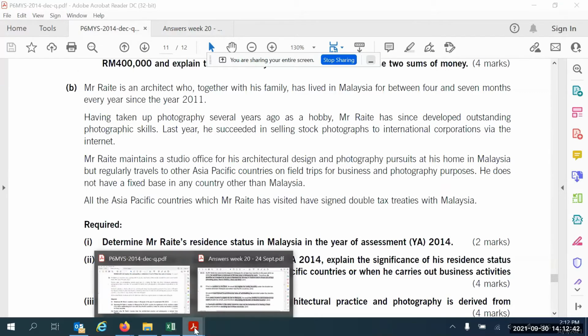Field trip is not the core activity. He just takes photos for it, but processes the photos and draws the designs, all in Malaysia. Stock photographs to international corporations. So he edits everything, he performs the work in Malaysia.